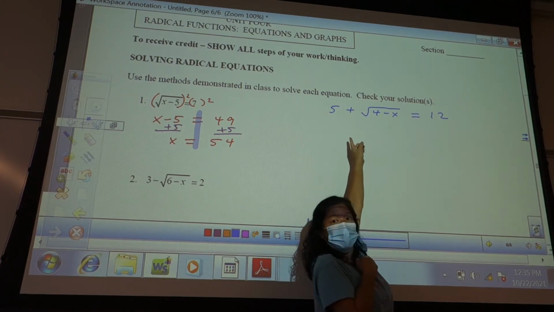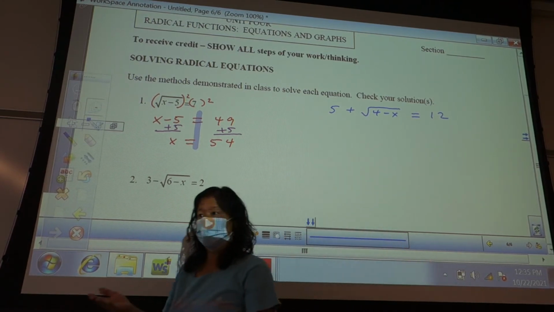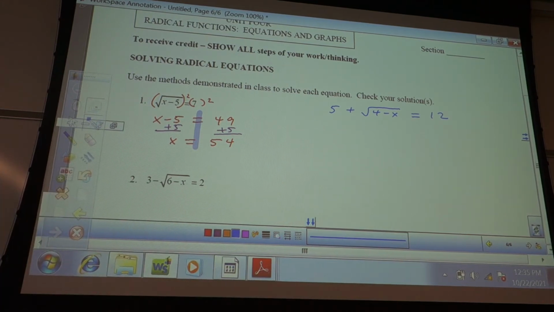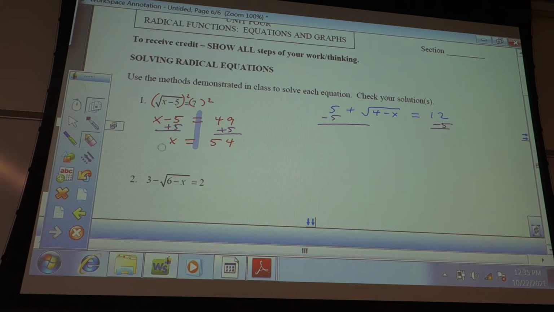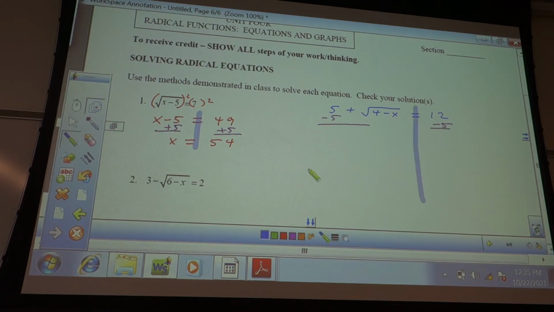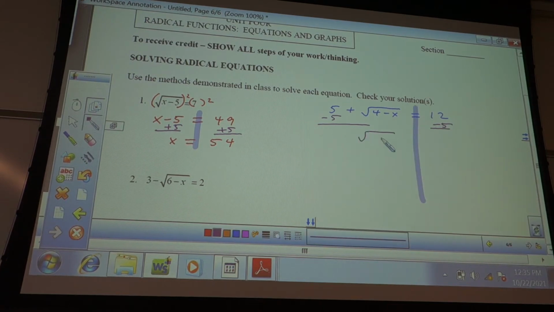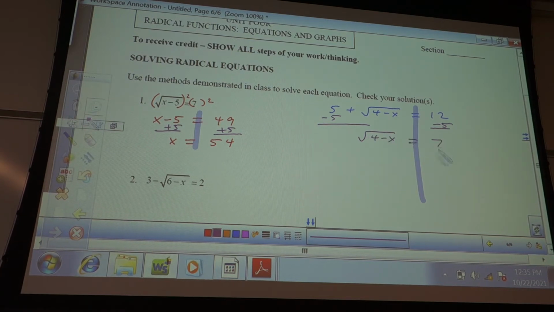Subtract 5 from both sides. Does everyone see why we're doing that? When we get the square root all by itself, I need to get rid of this 5. Minus 5, both sides. So here I'll end up with square root of 4 minus x equals 7.